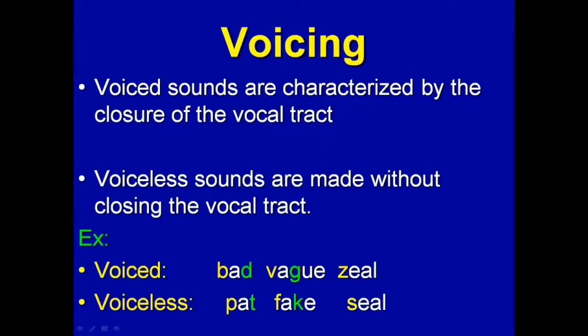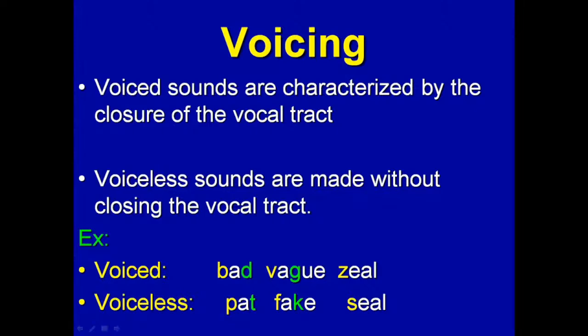Now let's talk about voicing. This is the third criterion by means of which we can describe sounds. Remember that we talked about place, manner. Now voicing. Voicing is the job of the vocal cords. Voiced sounds are characterized by a rapid movement of closing and opening by the vocal cords. This is what gives us a vibration.